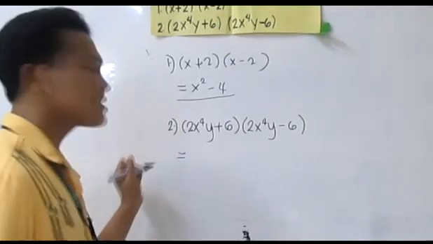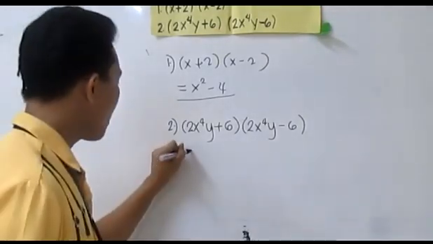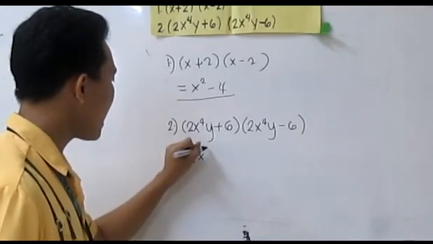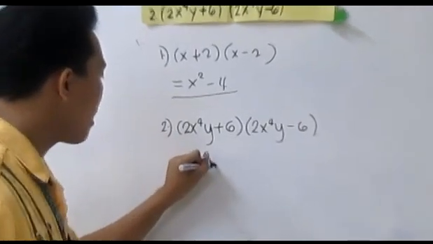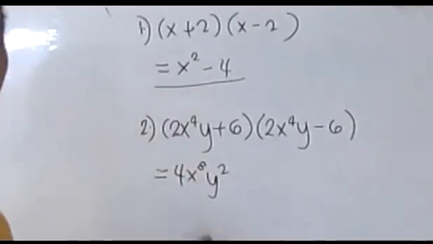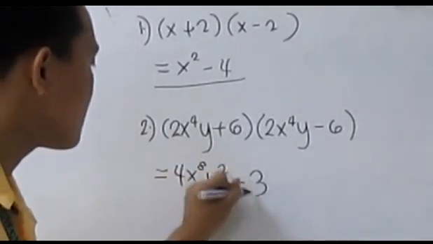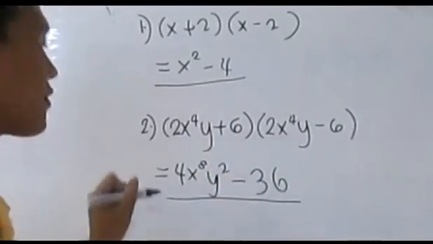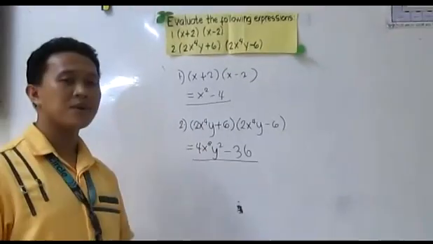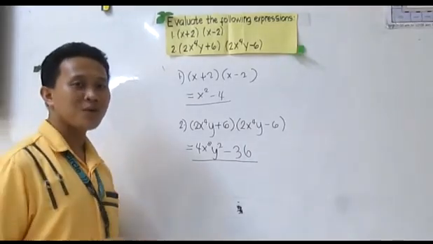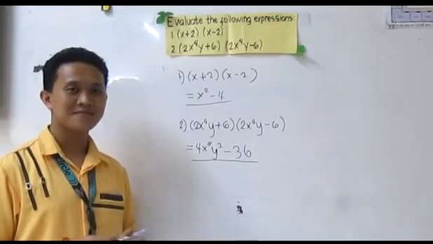So it is equal to 4x raised to the power of 8y squared minus 36. So our final answer of this example is 4x raised to the power of 8y squared minus 36.